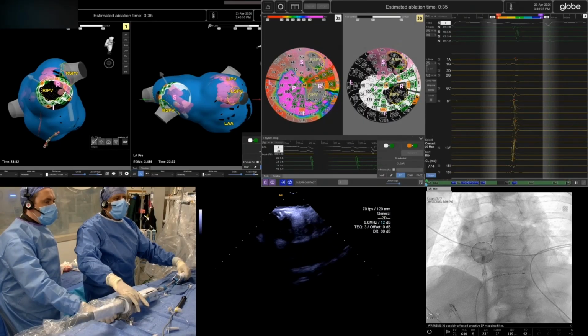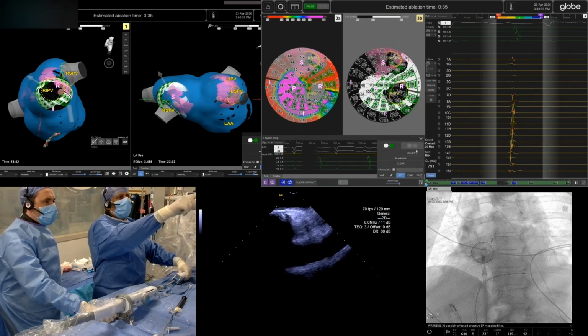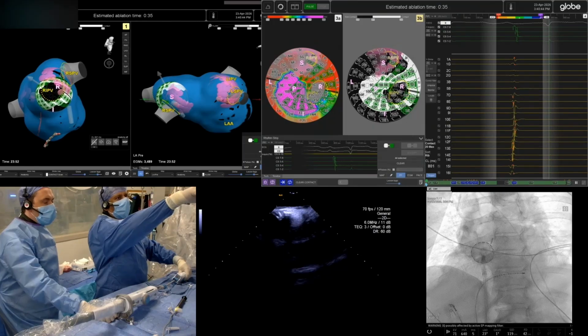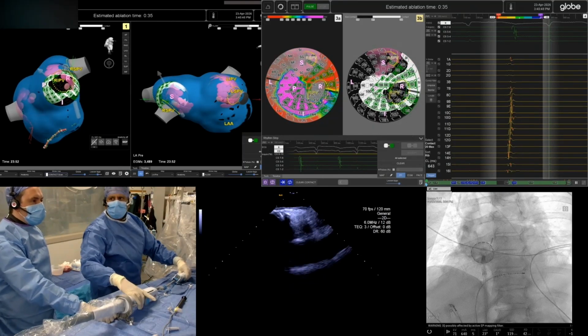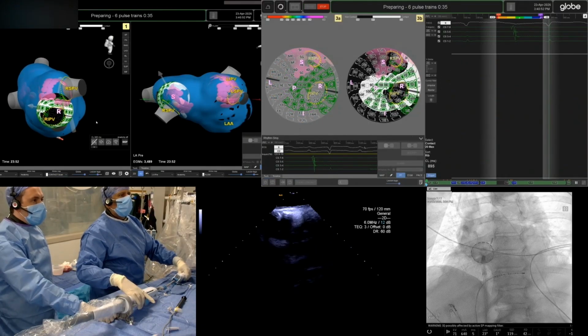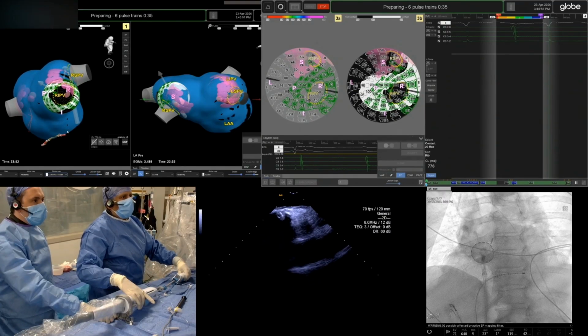On top it says estimated ablation time, 35 seconds. As we go on, you're going to see what it's doing. Talking about the duration, we learned that longer PFA increases the chance of thermal effect.